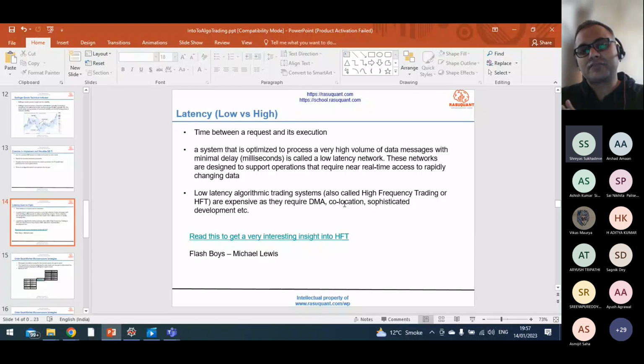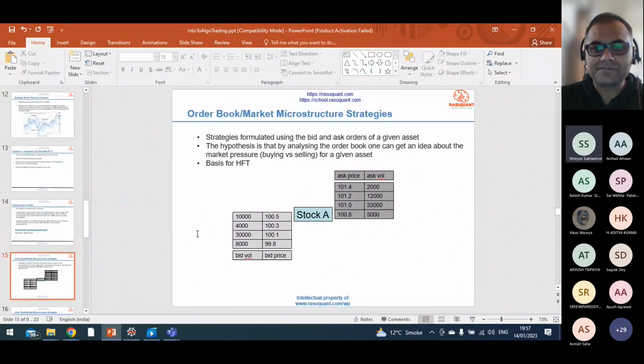But there are ethical ways of using high frequency trading as well. It's a good read if you have time. Just go through this article and you'll find it fun. It's a good Saturday read. So now let me talk about some of the strategies based on the order book. And this is what high frequency traders usually deal with.